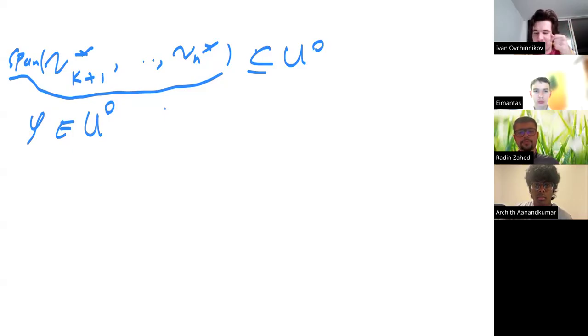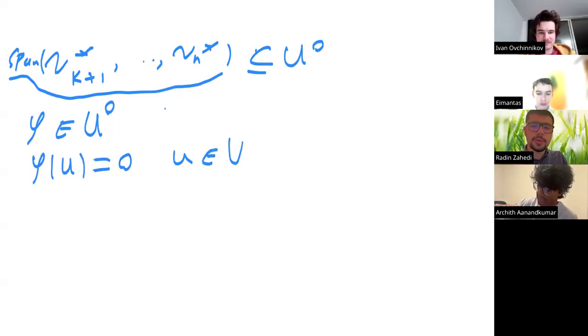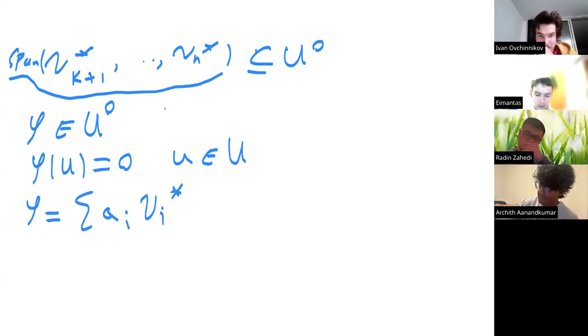And then usually what to do becomes completely obvious. So we have this phi in the annihilator, that is phi of u equals 0 for each u in the subspace U, and of course we can appeal to our basis another time and assume that phi is the sum of ai vi star for some ai's.